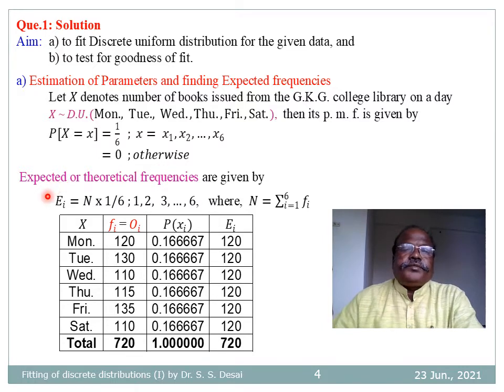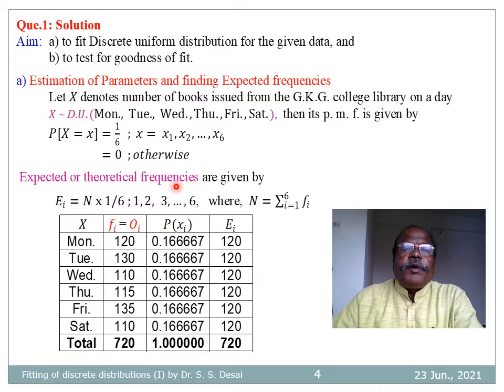Now for expected frequencies, which are also called theoretical frequencies, expected frequency is equal to n into the probability, n into 1 by 6 for each value. These are the given frequencies, which we call observed frequencies, Oi.